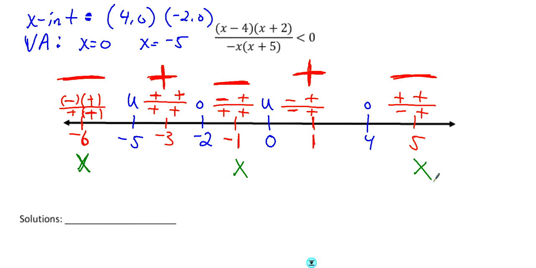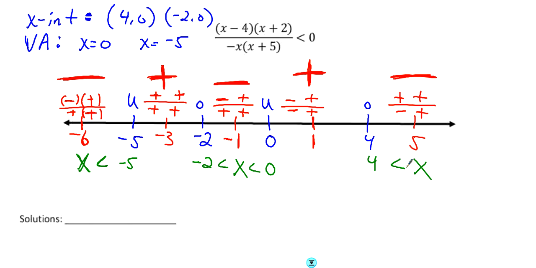Then I'm going to bring down all of my zeros or my asymptotes. So I bring -5 down, -2, 0, 4. And anywhere between an X and a number, I'm going to put the less than symbol. And these are my solutions.